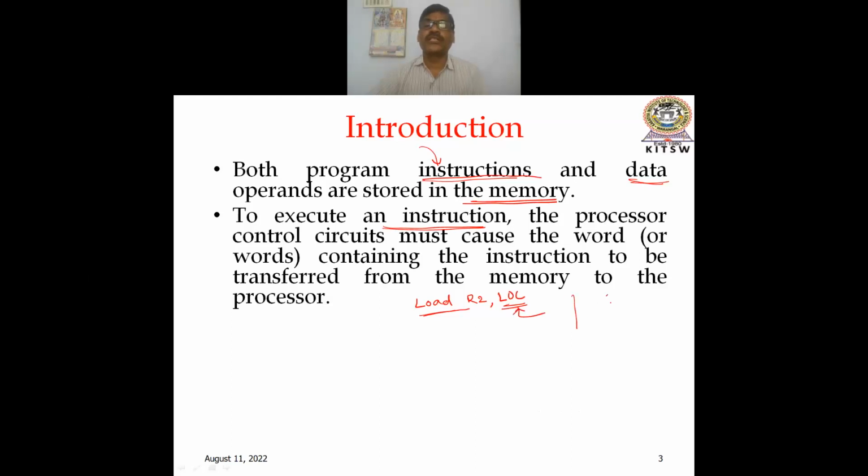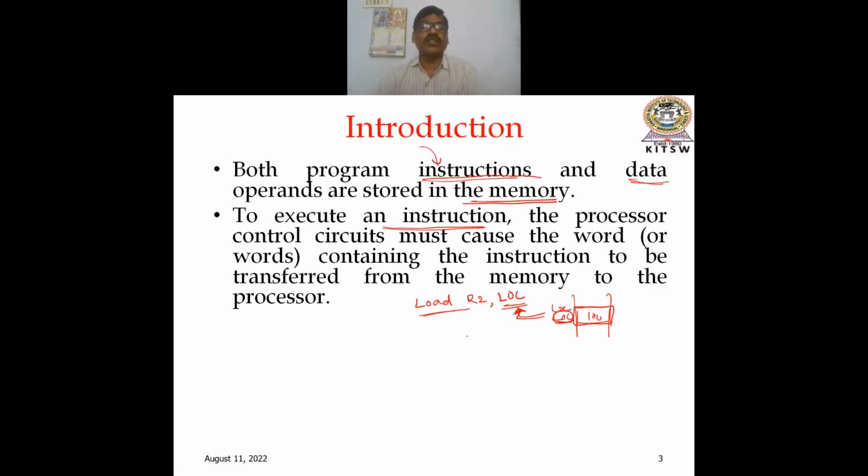Suppose this is the main memory of the computer, having some value 100 at an address in the main memory. Then the processor control circuit has to issue an instruction to transfer the data from this memory location, which is pointed to by LOC.